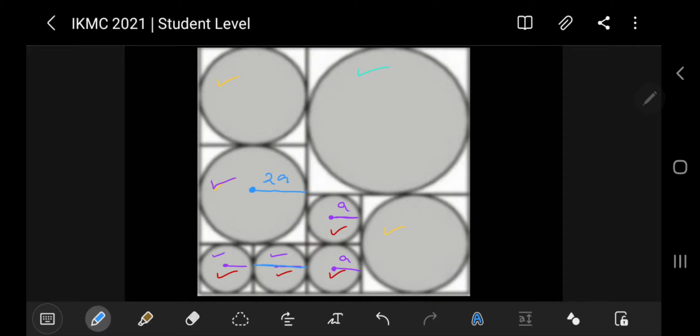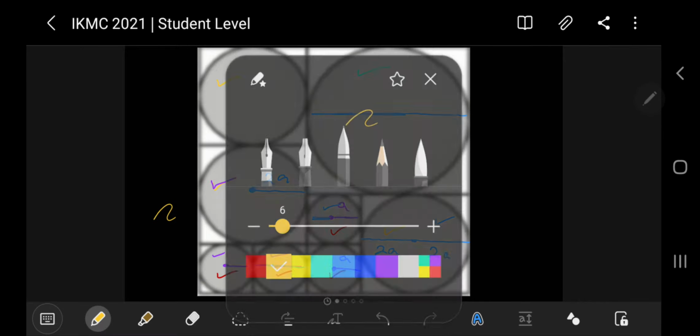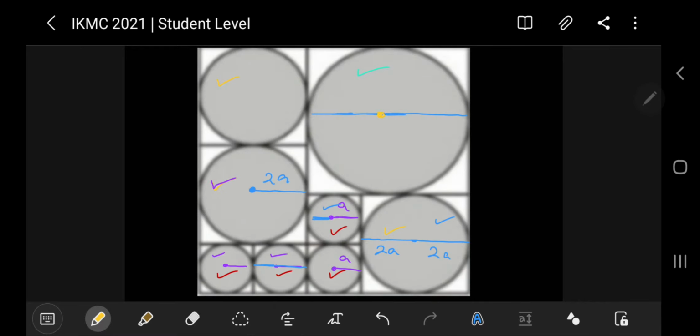Similarly, we will also notice that the diameter of this large circle is made up of this circle and this circle's diameters combined. So if this is 2a, and this whole thing is 4a, because 2a here and 2a here, then the diameter of the largest circle will be equal to 6a, and hence the radius of this circle will be equal to 3a.